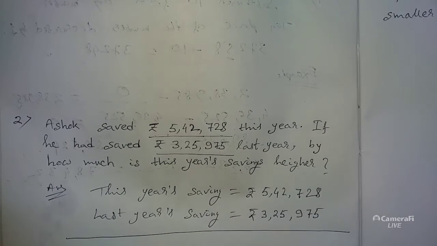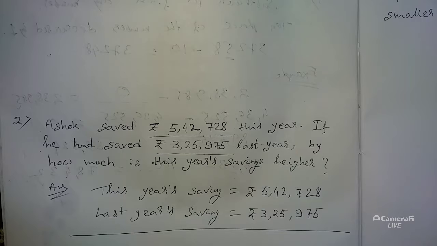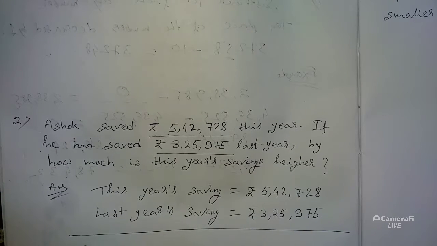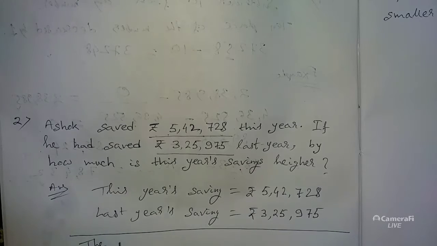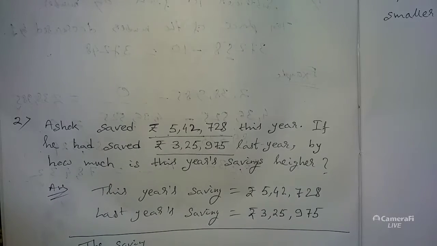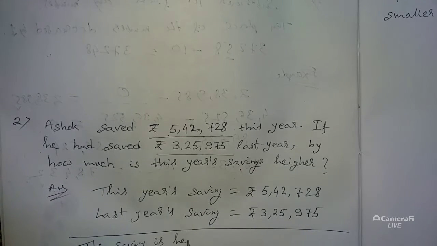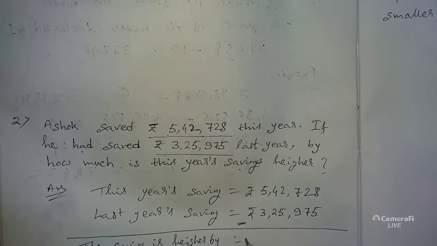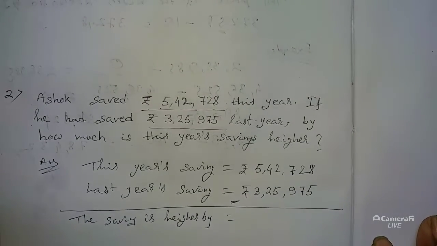Obviously this year he had saved more. So how much higher is the saving? So the saving is higher by, for this one we have to subtract. So let us subtract it.